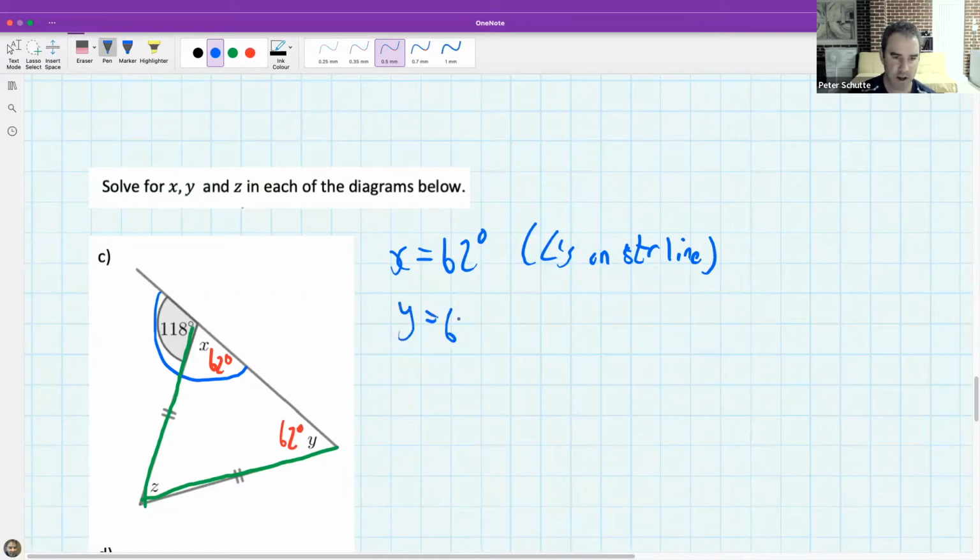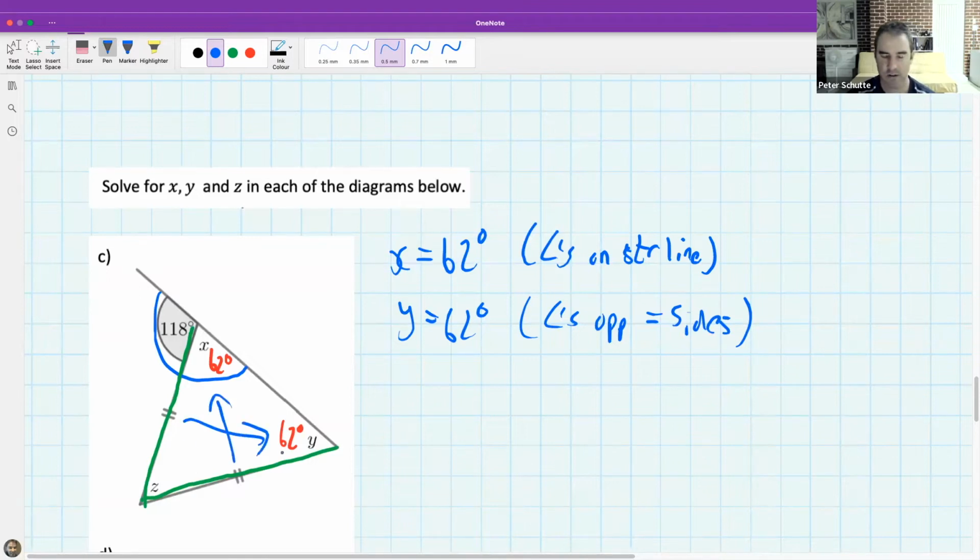And we say y is 62 degrees. And the reason would be angles opposite equal sides. So basically, whenever you have a triangle, if you have two equal sides, the angles that are opposite those sides will also be equal. So this one is opposite this one is opposite that. And there's another variation of that which says if the two angles are equal, the sides will be equal.